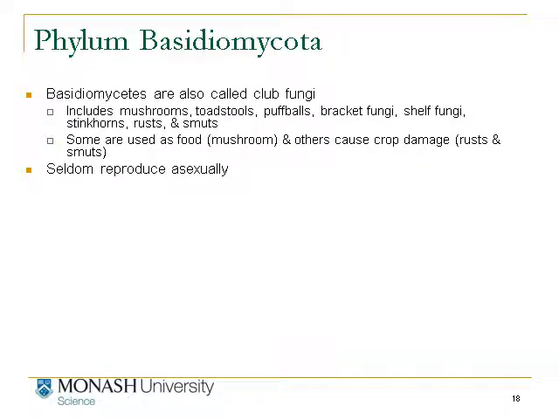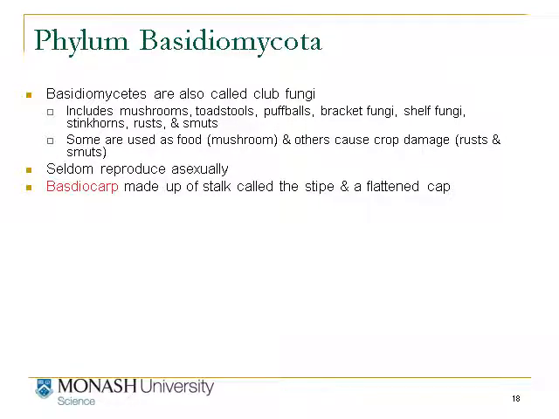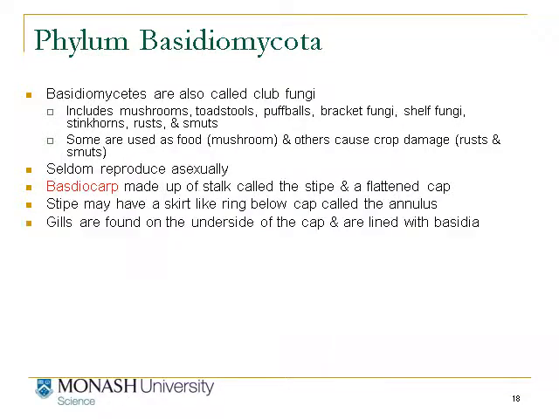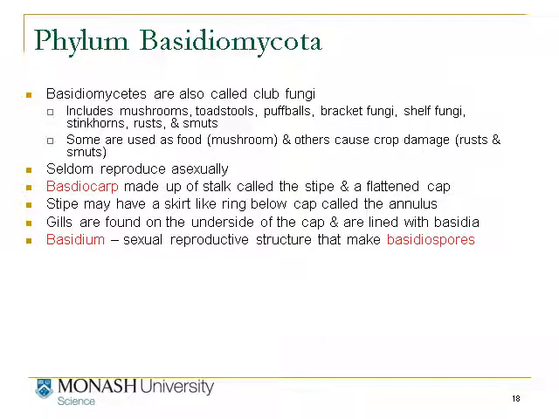They seldom reproduce asexually, and the basidiocarp is made up of a stalk called the stipe and a flattened cap. The stipe may have a skirt-like ring below the cap called the annulus, and there are gills found on the underside of the cap. These are lined with basidia, and the basidium refers to the sexual reproductive structure that makes the basidiospores. I'll show you some pictures later.